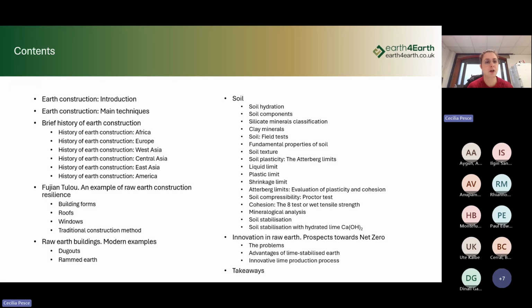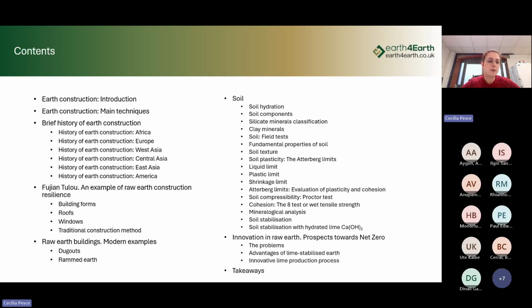There will be a brief introduction, then an overview of the main techniques used in earth construction, an overview of the history of architecture made in earth, and we will go through examples from all over the world.